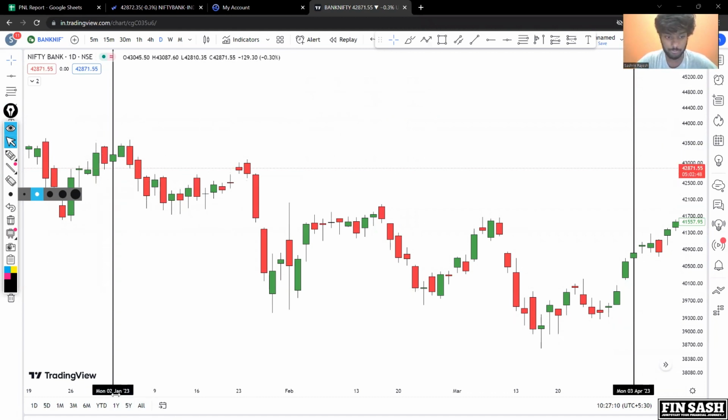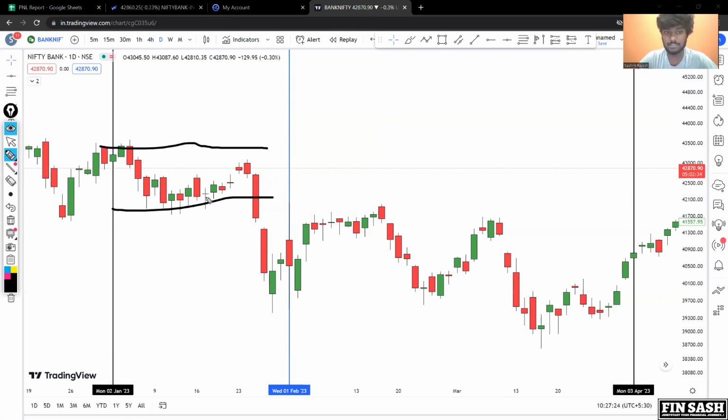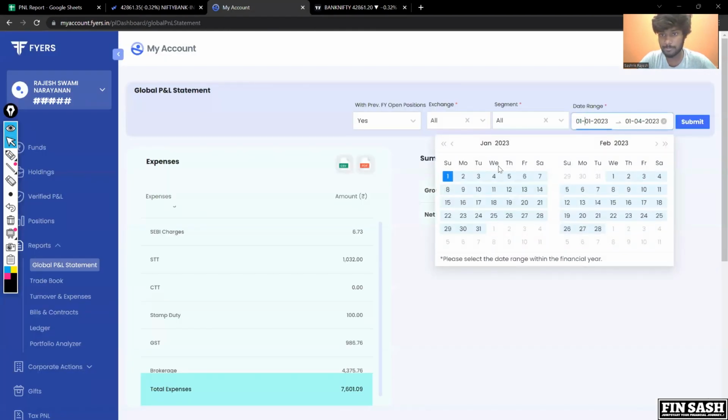All right, so Jan 1st to Feb 1st is here. From Jan 1st to Feb 1st, the market was basically consolidating in this region, gave a slight bullish run, which was a fake breakout, and the market moved rapidly. Let's see how much we made.